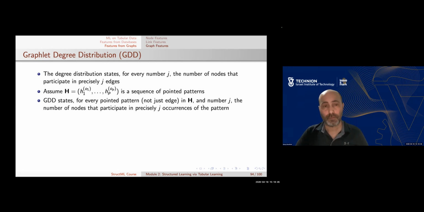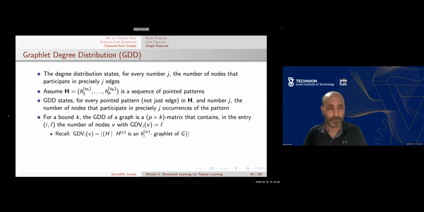Participate means that they are mapped to isomorphic induced subgraphs H, and V is mapped to the orbit. I remind you, this is from the previous part.